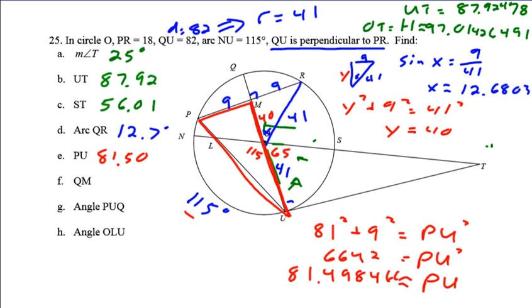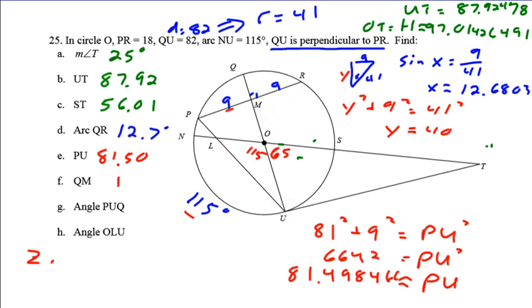QM, very simple. We're just going to subtract this 40 from the full 41 of the radius. 41 minus 40 is 1. We could have done it this way. We could have said QM, I'm going to call that z, times the other part of that line.